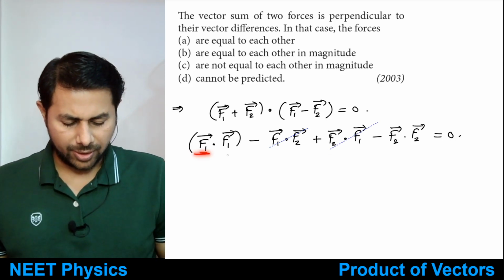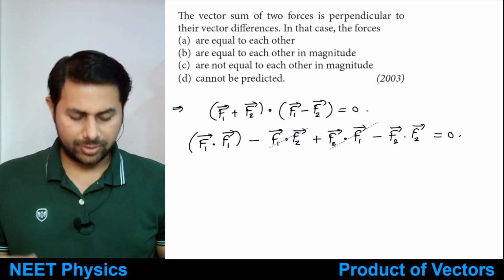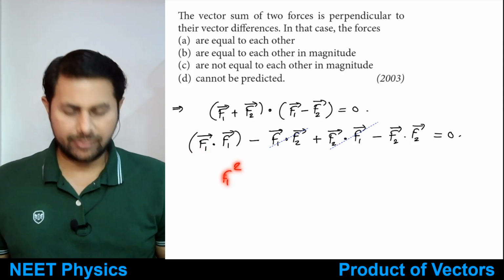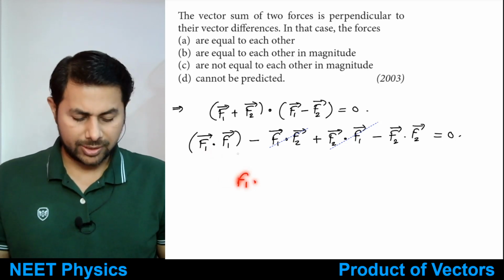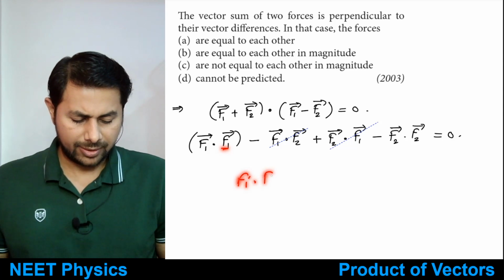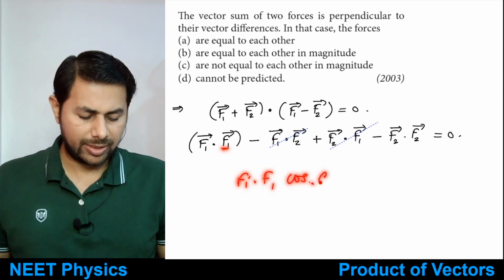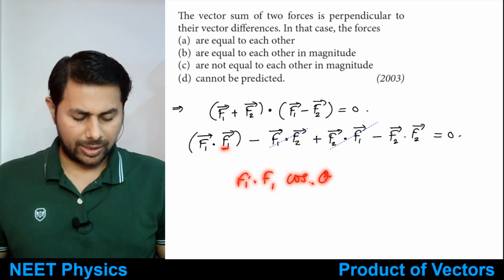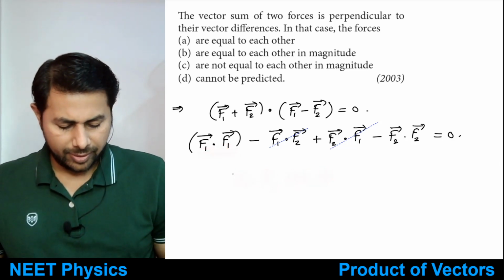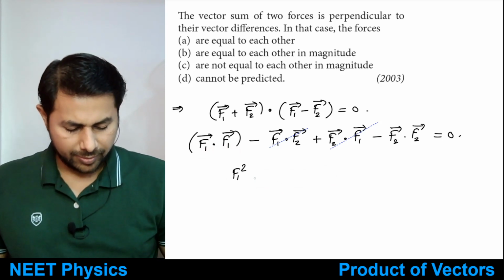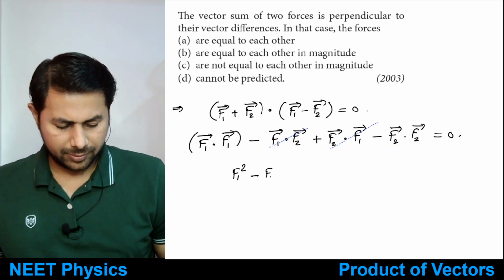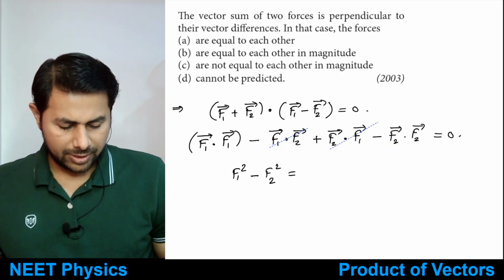And if you take the dot product of a vector with itself, what do you get? You will get F1 square, because it is the magnitude of the first into the magnitude of the second, so F1 times F1 multiplied by cos of the angle between them. What's the angle between them? It is 0, cos 0 is 1. So this is F1 square, minus F2 square, and this is equal to 0.